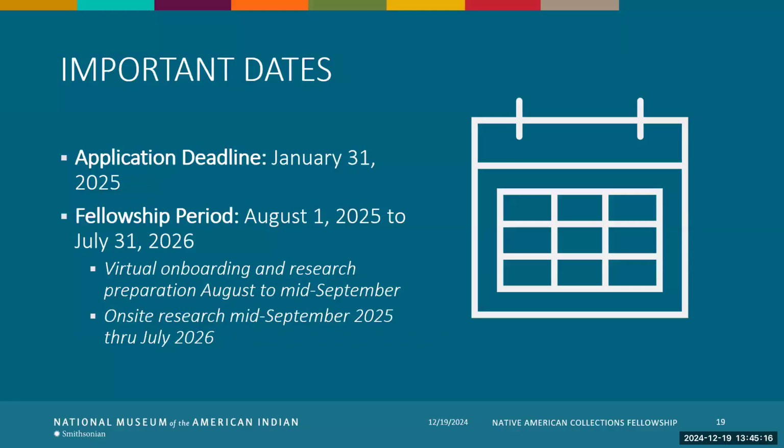Not on the slide, but I do want to note it. The review and selection process does take several months, so please be patient with us as we are spending time going through the applications, reading thoroughly. We know you spend a lot of time on applications, and we want to make sure we're reading all of the details. With that said, we do anticipate that you should hear from us no later than 2 months before the fellowship start date.